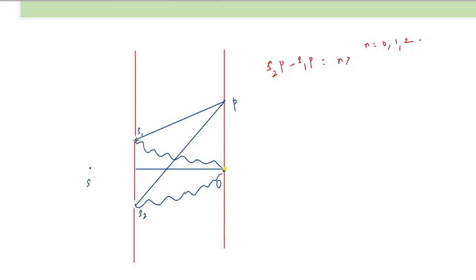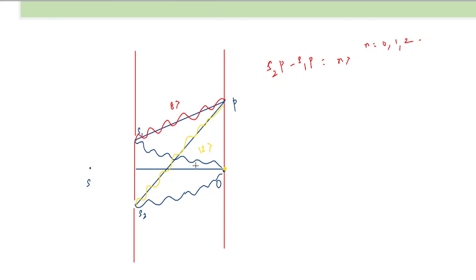For example, if the distance S1P contains 8 lambda, that is, 8 wavelengths, and the distance S2P contains, say, 12 lambda, then the difference between S2P and S1P is 4 lambda.